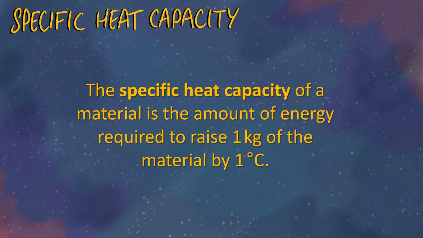Okay, specific heat capacity. So the specific heat capacity of a material is the amount of energy required to raise 1 kilogram of material by 1 degree Celsius. I want you to write that down, please. So write down the definition of specific heat capacity.